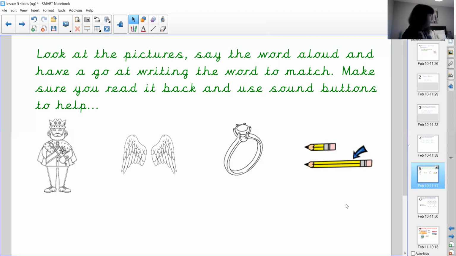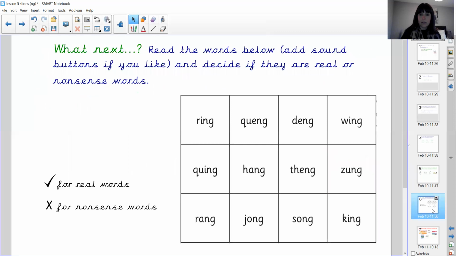Well done. Okay, so we've got an activity for you to finish up on today using the sound. As you can see here on the screen, there are a few words. I want you to have a go at adding the sound buttons and then reading the word aloud and then deciding whether you think it's a real word or a nonsense word.